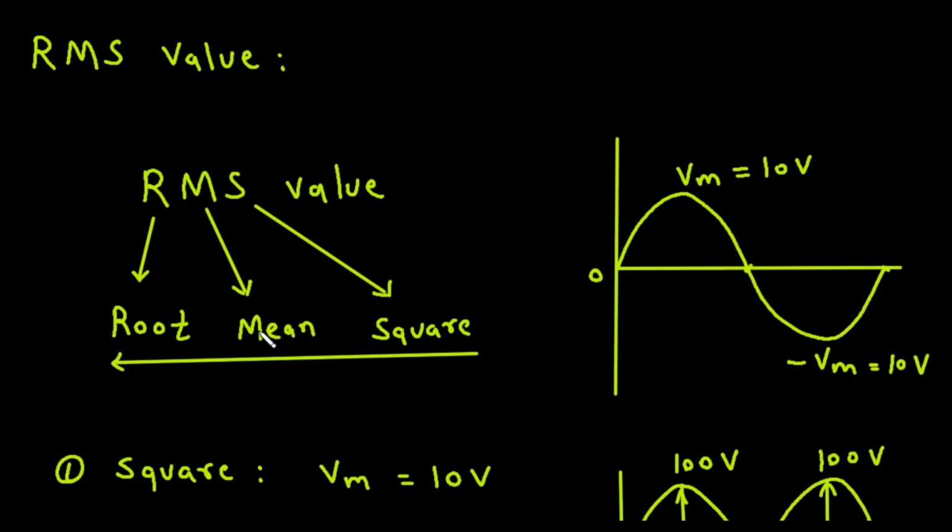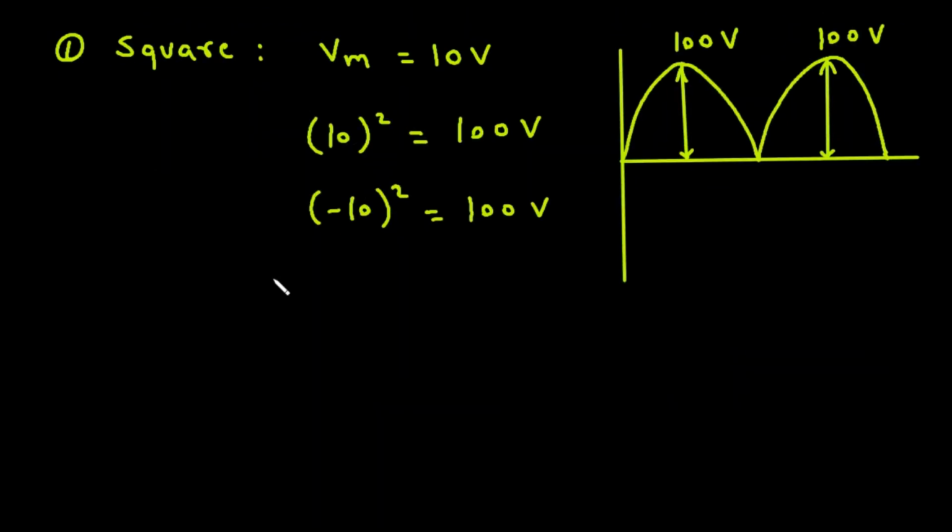Now, next step is to take its mean. So, step number 2 is to take its mean. For taking its mean, we have to simply take its half. That means it will be Vm square divided by 2.